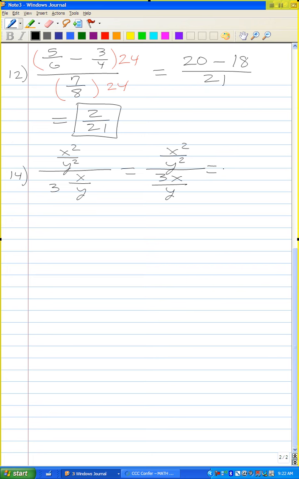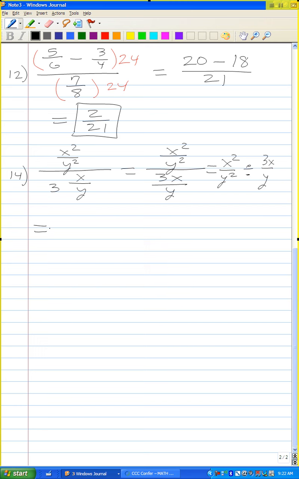Oh, I should have read the instructions. In exercises 13 through 60, use any method to simplify the complex fraction. So let me rewrite this using the division symbol: x squared over y squared divided by 3x over y.